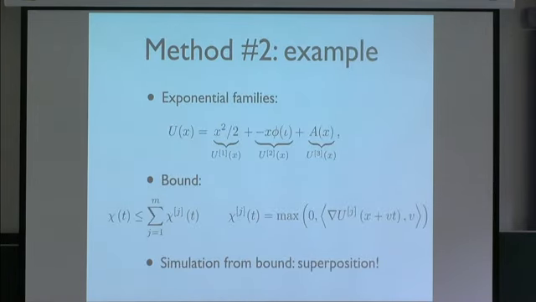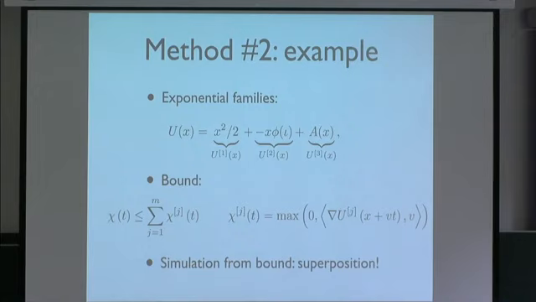For example, you can use this to look at exponential families. So if you have an exponential family with a Gaussian prior on the natural parameter, then what we're going to do is look at each of these terms separately, okay, and construct an algorithm for collision time as if there were only this part, and then combine them using superposition.